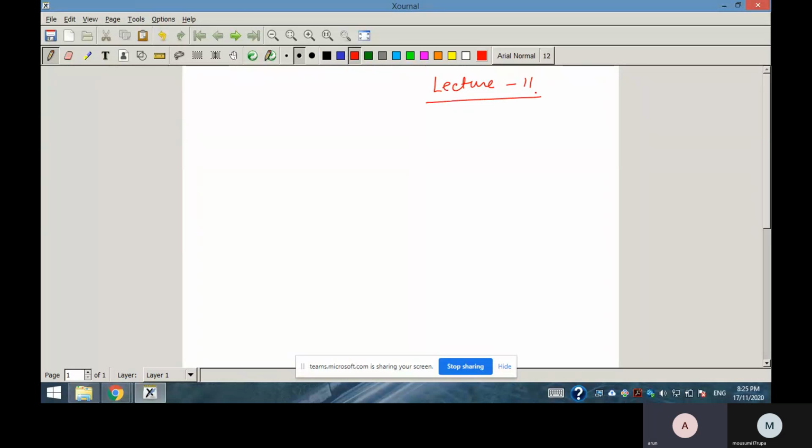So in the last class, we were discussing digital control systems, and we saw that the sample and hold operation plays an important role in digital control systems.